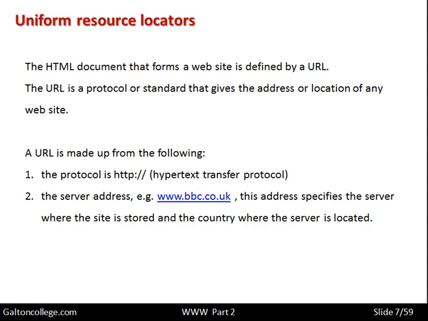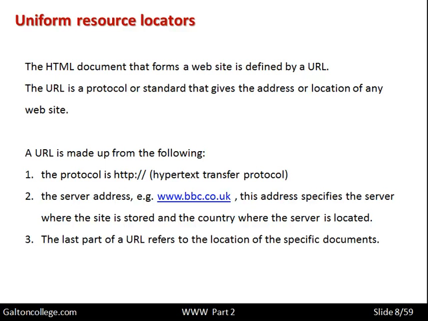So the server address is www.bbc.co.uk, and at that address we know that the BBC site resides. That's where it is. So now we've got the full address. This is the Uniform Resource Locator for the BBC: http://www.bbc.co.uk, and that will take us directly to that site.